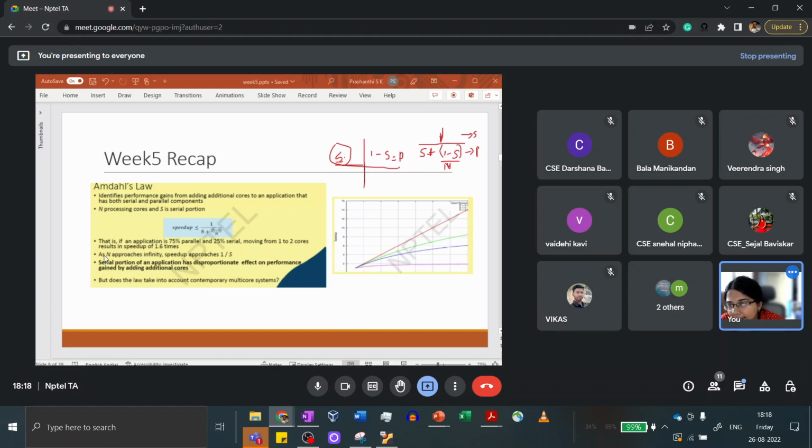And as n approaches infinity, speed up approaches 1 by S. So as you keep increasing the number of processors, what is actually stopping you from getting that speed up is the serial part of your application. You are bottlenecked by that, and it has a disproportionate effect on performance.